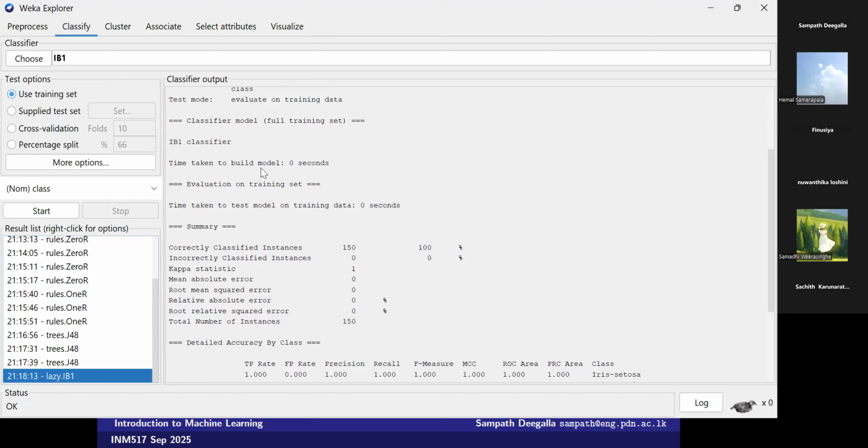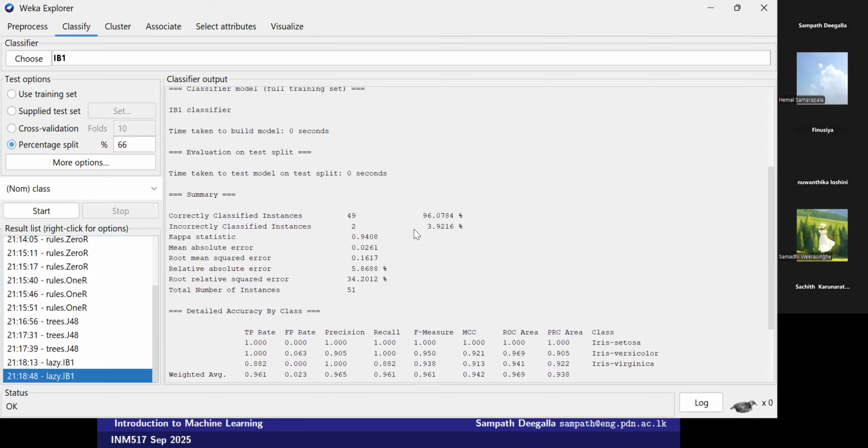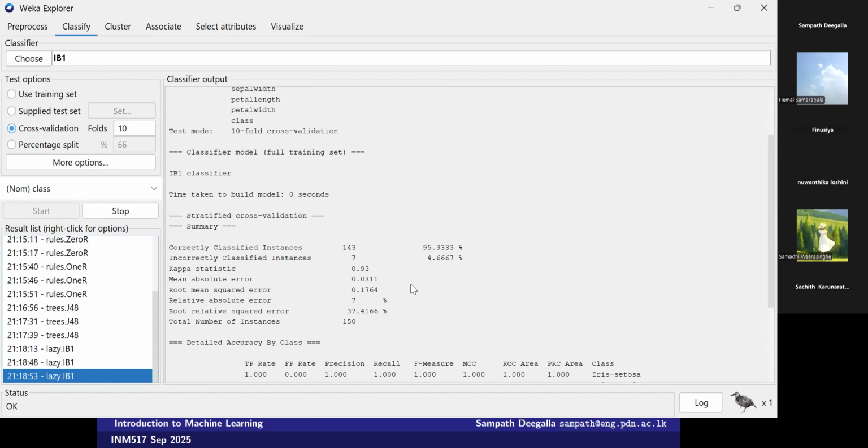And if you are testing using the training data, this gives a perfect accuracy. But you will see what happens when you use percentage split. That means you split the data as 2/3 for training and 1/3 for testing. It goes down to 96. Cross-validation goes to 95.